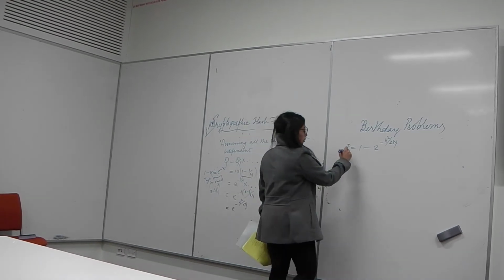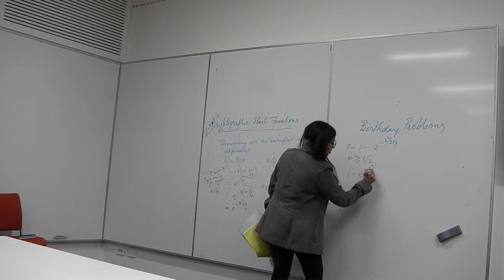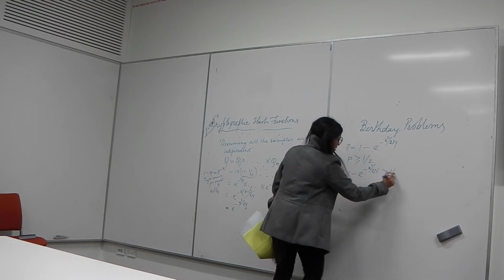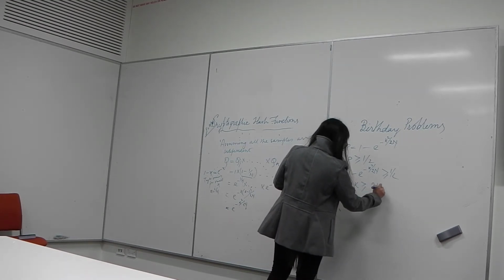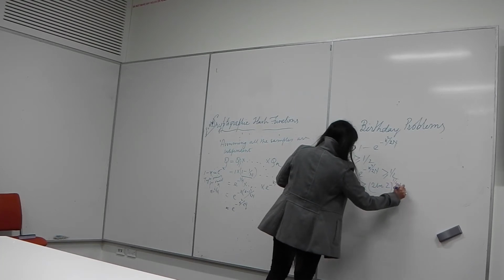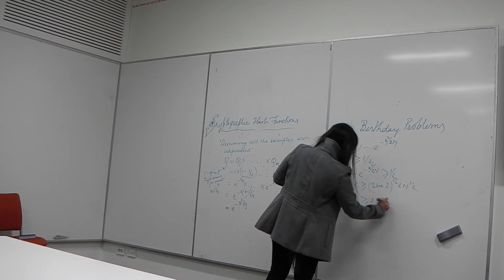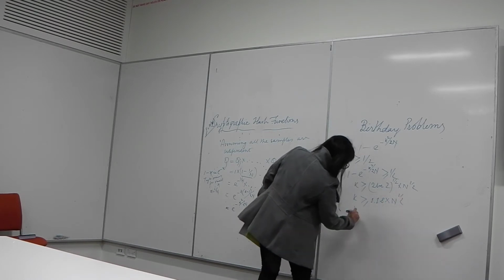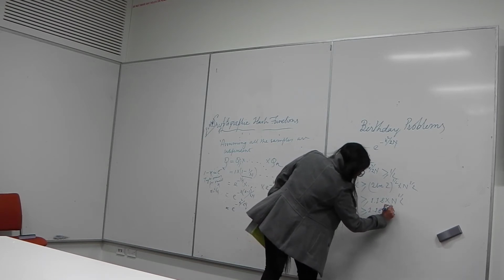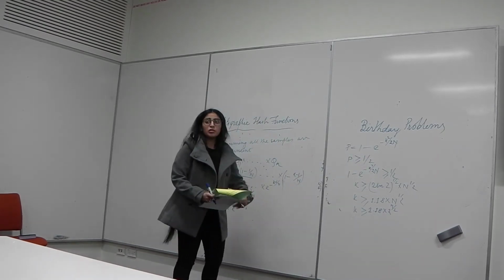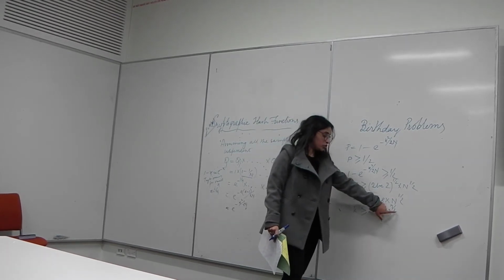We want this probability to be greater than or equal to half. If we reduce it like this, the minimum size of k, number of messages, is proportional to the square root of n, that is 2 power n by 2.